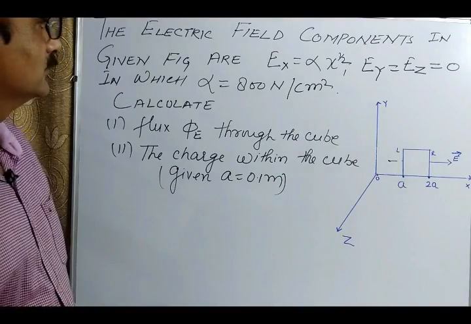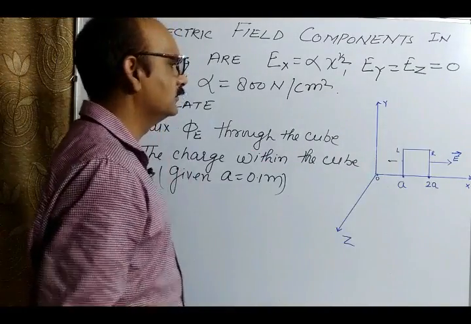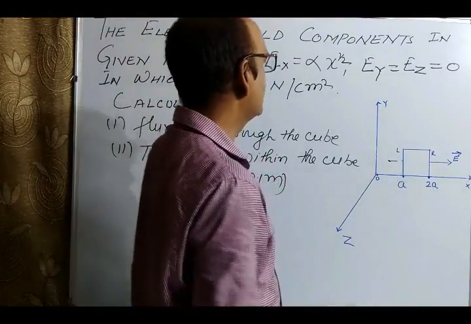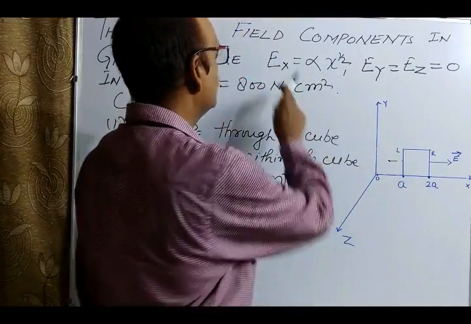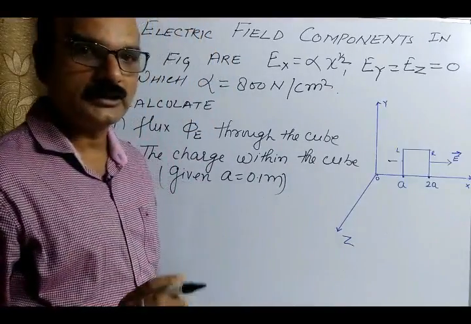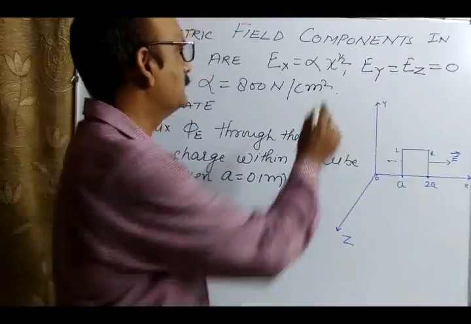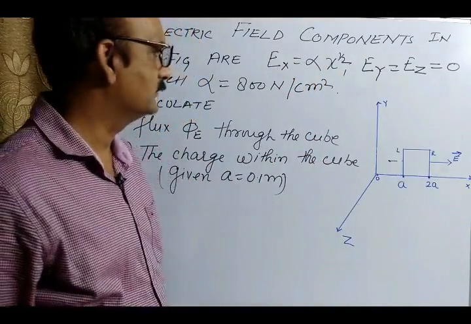What is given? It is given that for this cube, electric field is along x-axis and it is alpha x to the power half. That is, electric field is along x-axis and it is position dependent. It is not constant. If you are changing the value of x, Ex will also change.